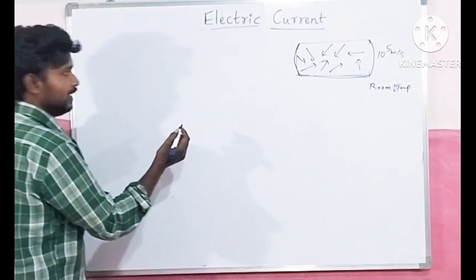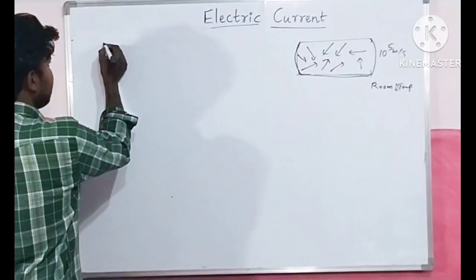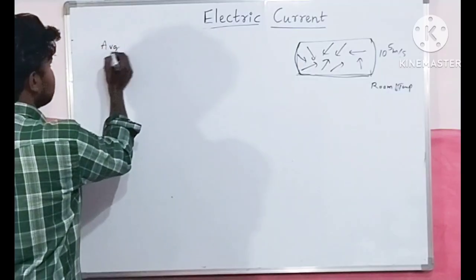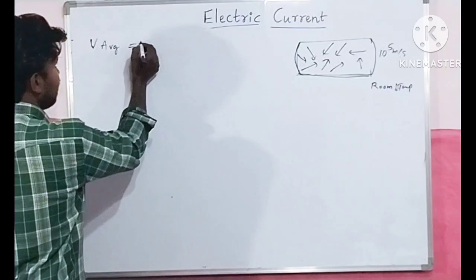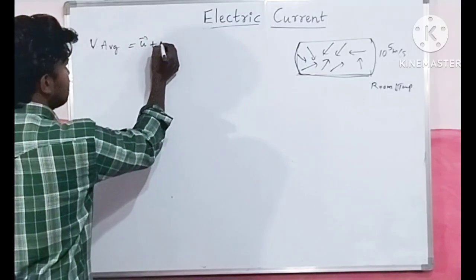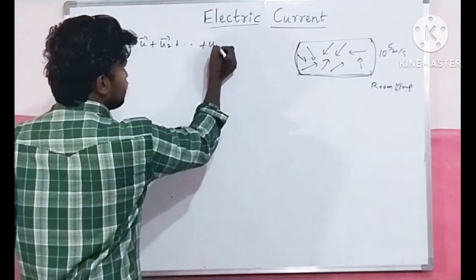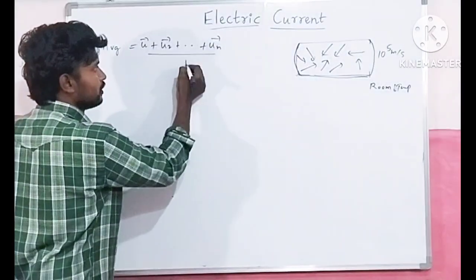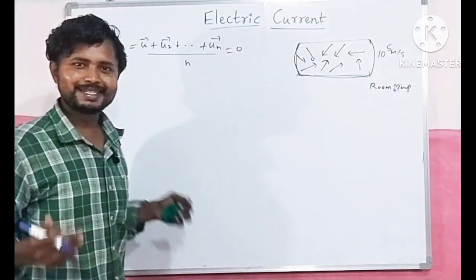So what is the average thermal velocity? Average thermal velocity, V average, is u1 plus u2 and so on plus un by n, which is equal to 0. So the average thermal velocity is 0.